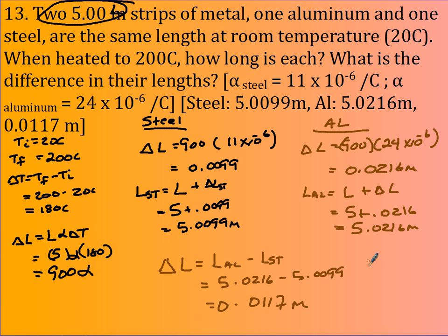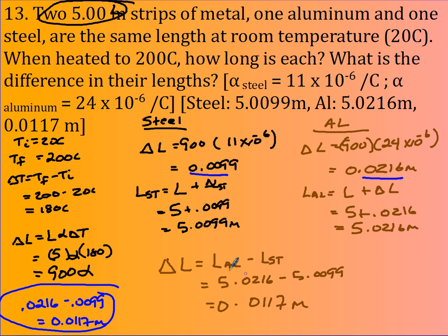Cool. Now, remember what I told you a second ago? I could have taken the difference in these two right here and gotten that number as well. If I did 0.0216 minus 0.0099, I get 0.0117. All right, but that's all right. I already had the final length.